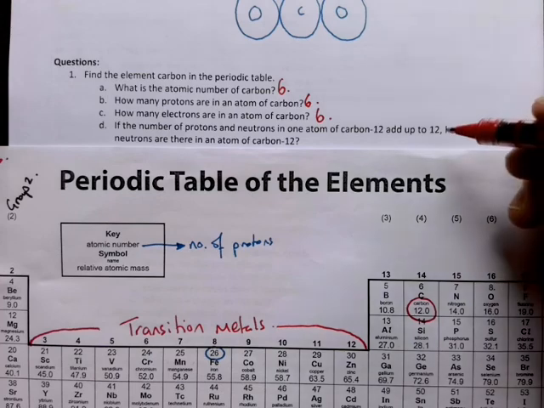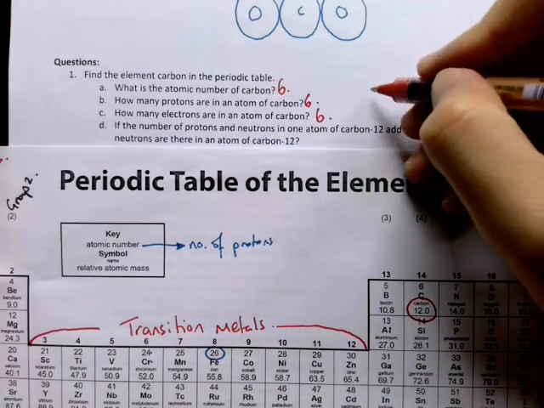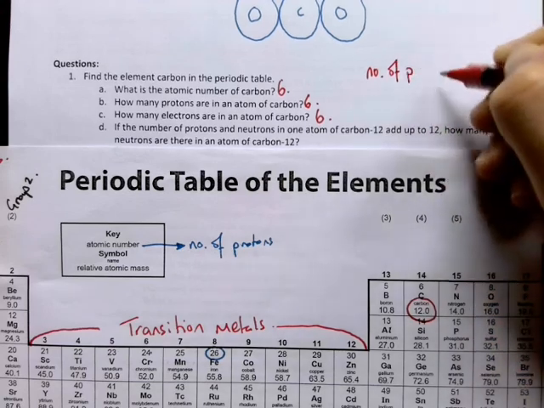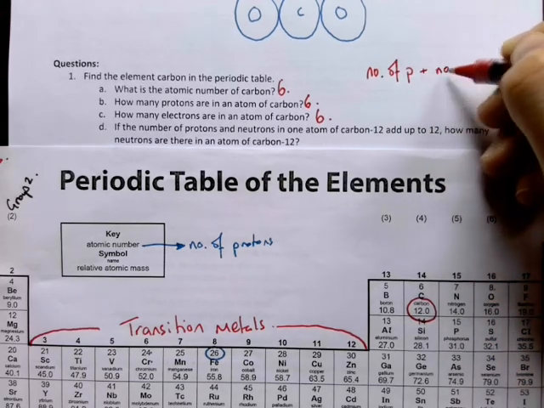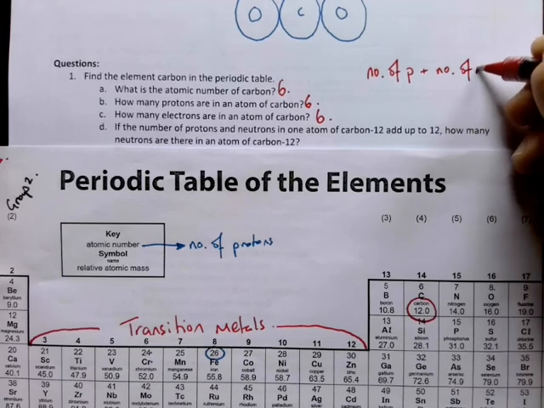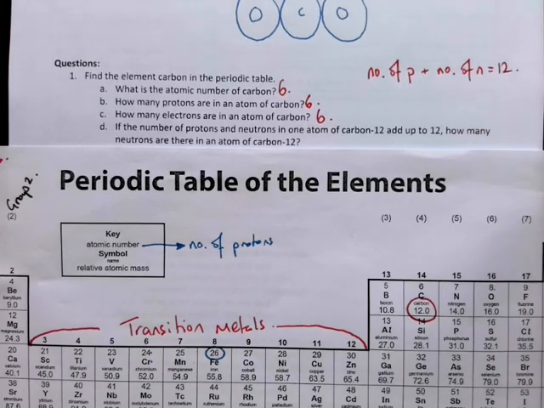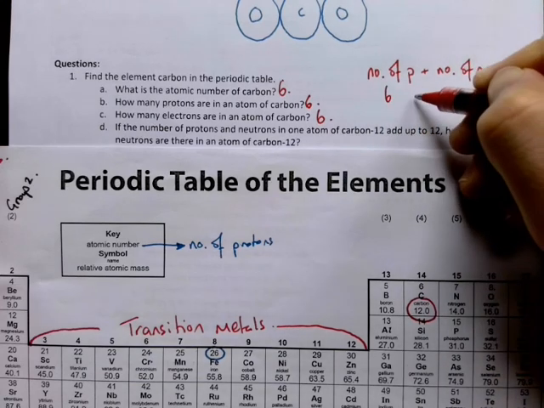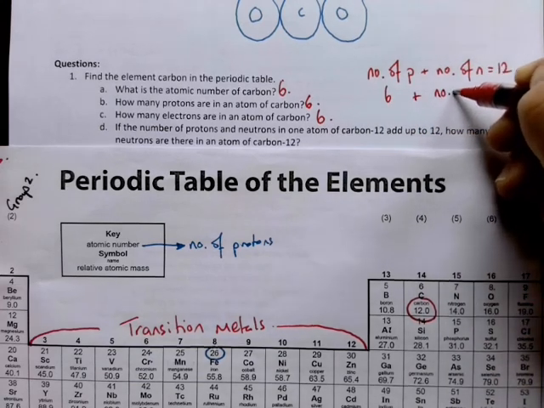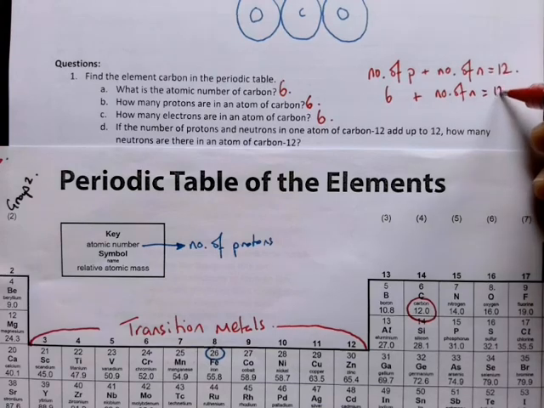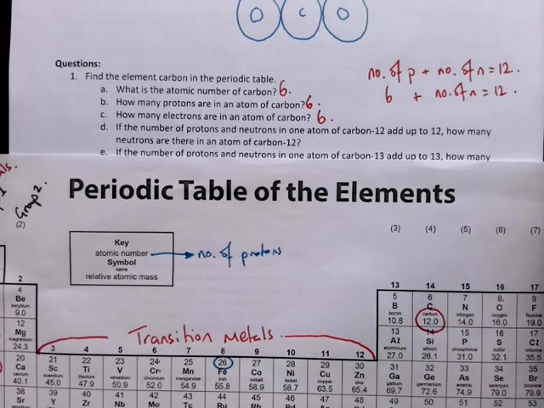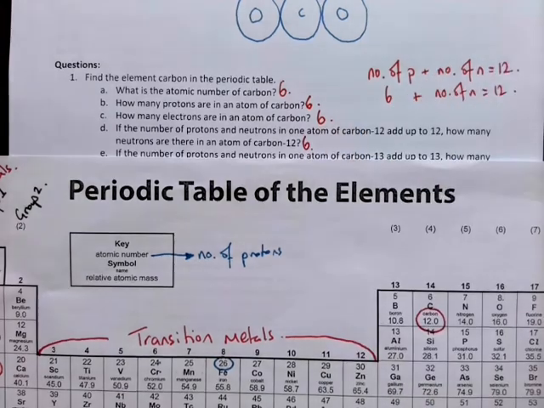Okay, so I know that the number of protons plus the number of neutrons equals 12. I know that the number of protons is 6, plus the number of neutrons equals 12. Therefore, the number of neutrons must be 6.